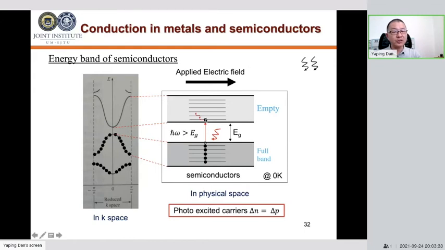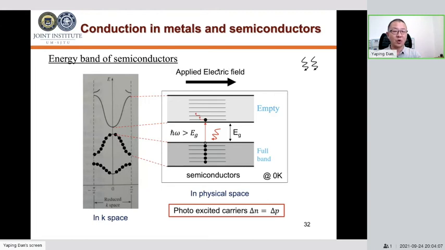And once the electrons jump to an energy level in the conduction band, they can be accelerated by the electric field, because now these electrons can receive a minimum amount of energy from the electric field, so that they can move to the next available empty states, which are just above this energy level. Their distance is very small. You can regard this as a continuous energy level.